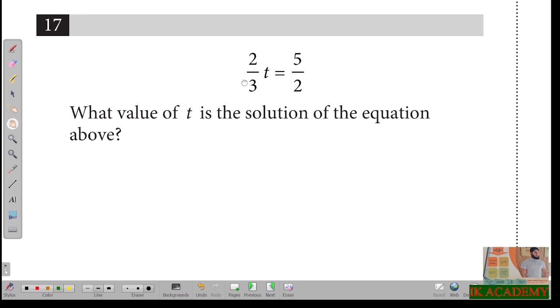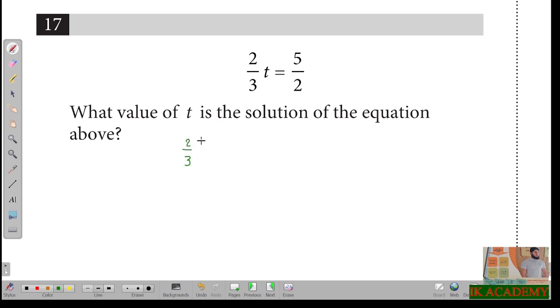Question number 17 is, what value of t is the solution of the equation above? Here we have the equation 2 by 3 into t is equal to 5 by 2. So we will solve it for t.